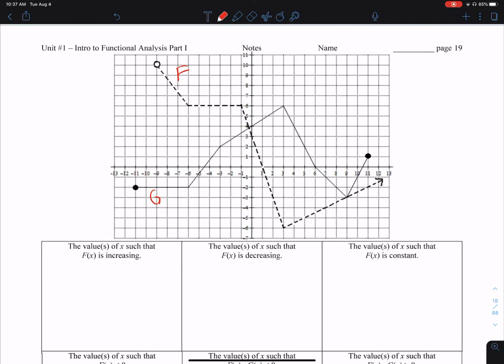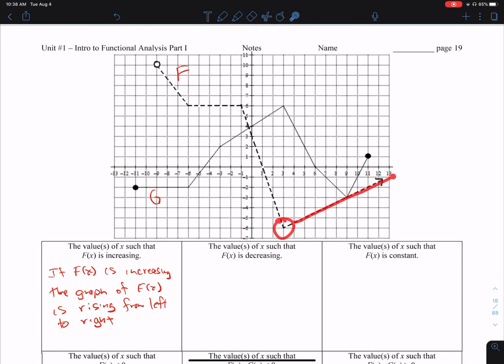If f of x is increasing, the graph of f of x is rising from left to right. So f of x is rising starting here at just to the right of 3, and it goes to the right forever. So it's 3 to infinity.